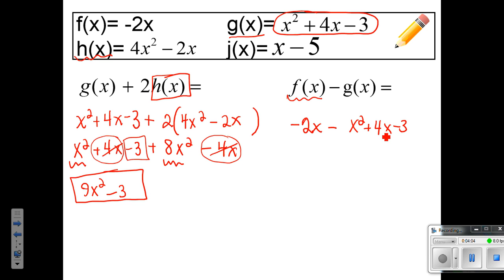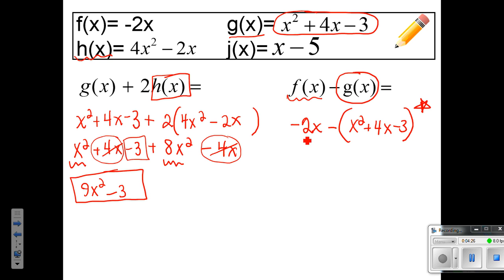Now if I write it this way, I'm only saying subtract the first term of g of x. This says I want to subtract all of g of x. So when I have a function, I have to make sure that I subtract the whole thing, not just part of it. That's a very important concept right there.